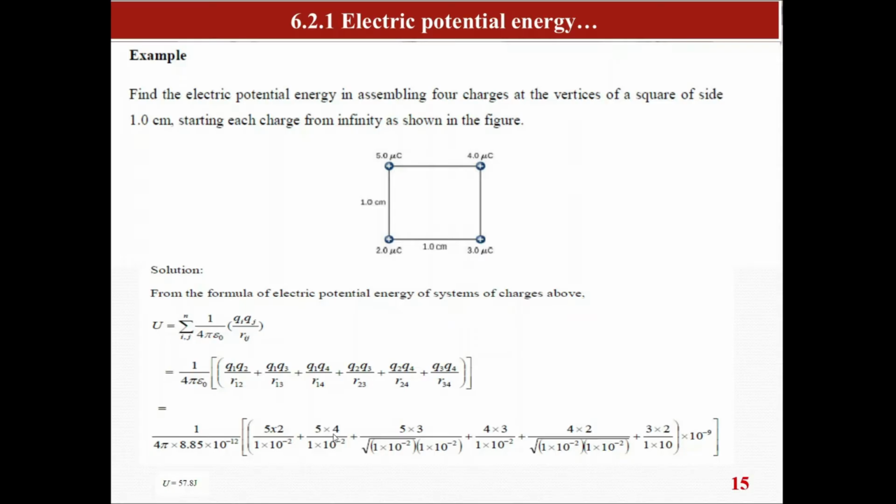Then 5 with 4, and 10 raised to minus 2, and 5 with 3, and the distance is the diagonal, which is the square root of 1 centimeter squared plus 1 centimeter squared, which is square root of 2 centimeter. So we have to change into meters. Then 4 with 3, 4 with 2, and 3 with 2. So finally we'll get 57.8 joule.